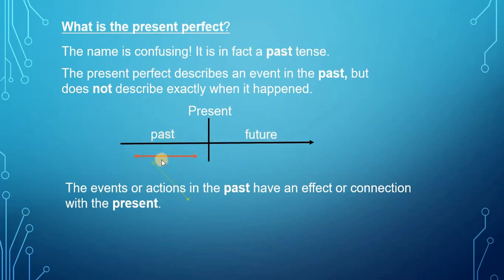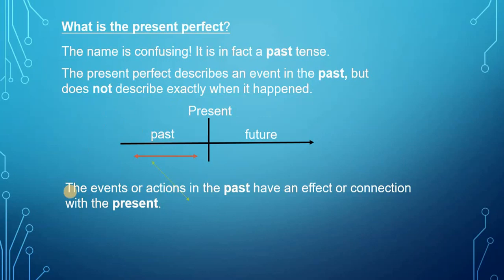So the present perfect describes an action or event in the past, somewhere here, but we do not know exactly where or when.